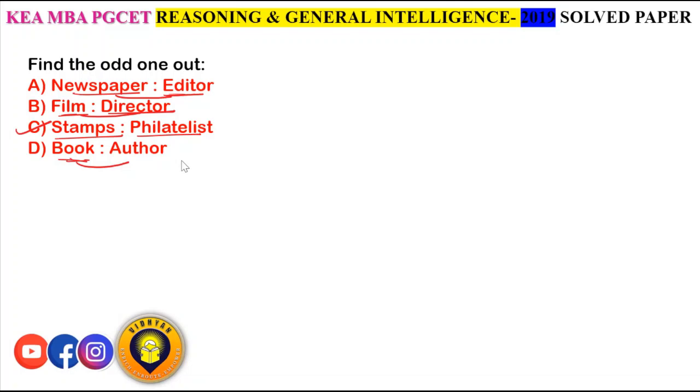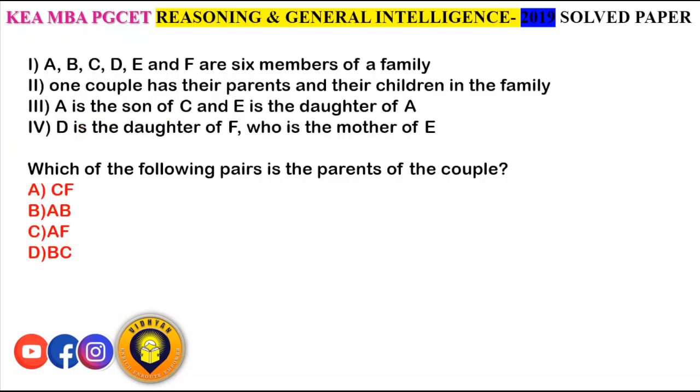Okay, next. A, B, C, D, E and F are 6 members of a family. One couple has their parents and their children in the family. Suppose if these are couples, one couple has their parent, that means what?